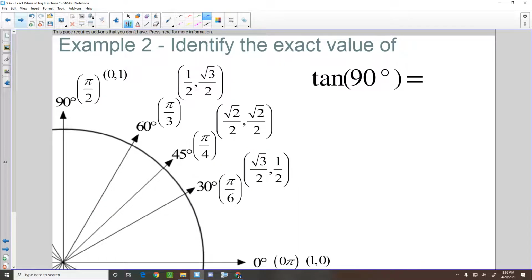All right, I'd like you all to try to identify the tangent at 90 degrees. Go ahead. This is your next example. The tangent at 90 degrees. I just did a tangent for you, so that should be pretty familiar.